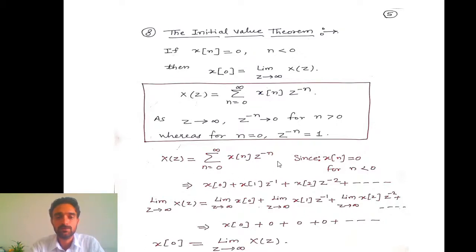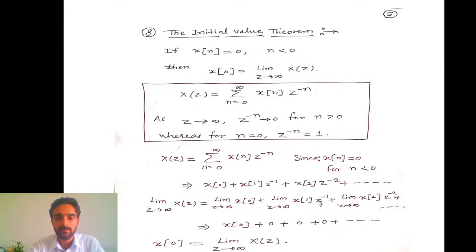So we can solve this. X of 0, put 0 at n equal to 0, x of 0 z to the power 0 plus x of 1 z to the power minus 1 plus x of 2 z to the power minus 2, and so on. Okay, put the limit in X of z, limit z tends to infinity X of z is equal to limit z tends to infinity x of 0 plus limit z tends to infinity x of 1 z to the power minus 1.